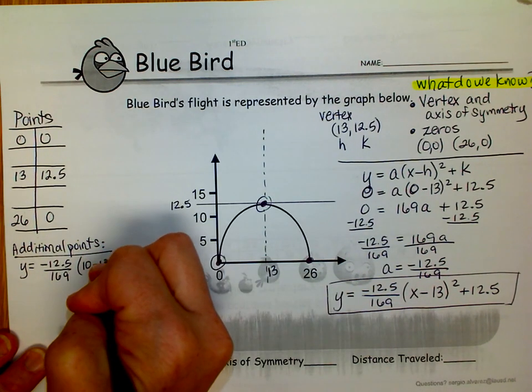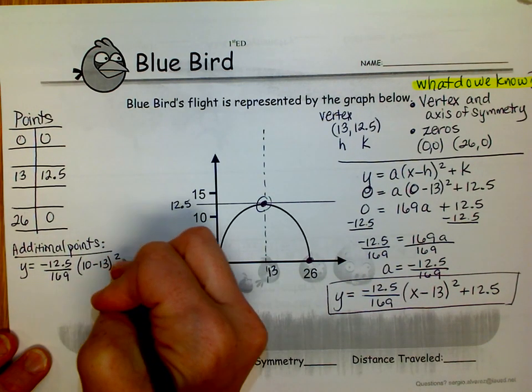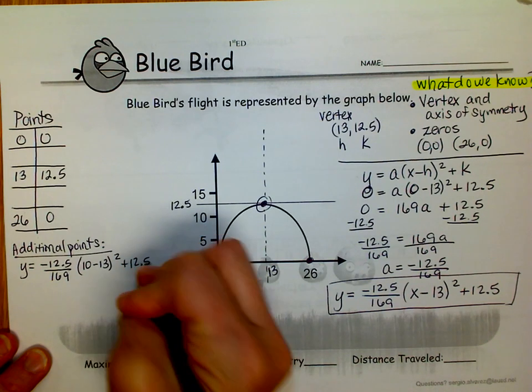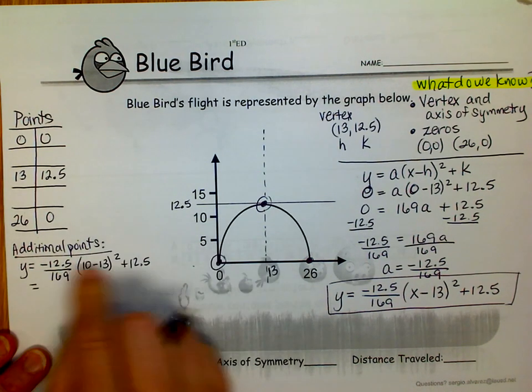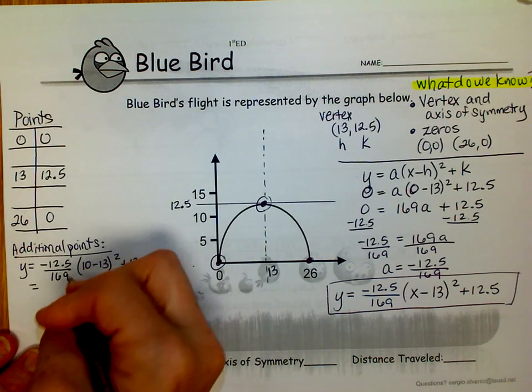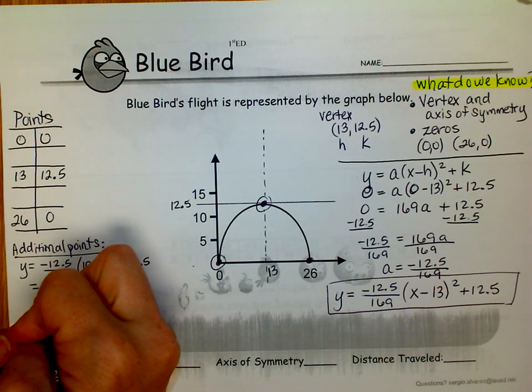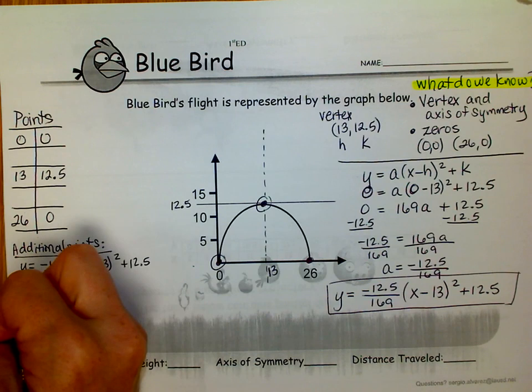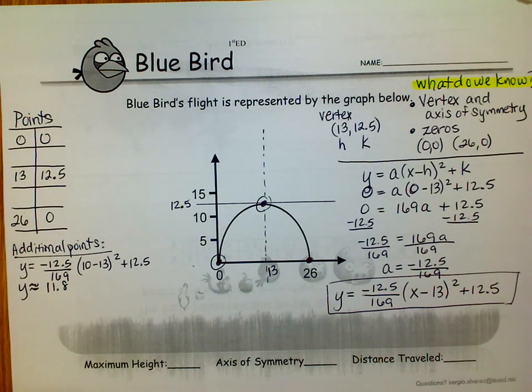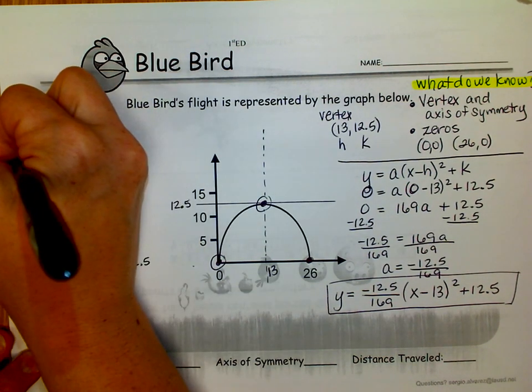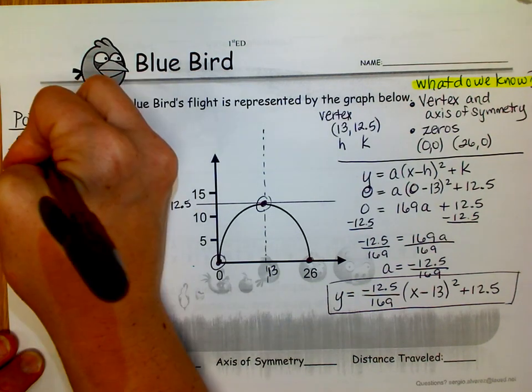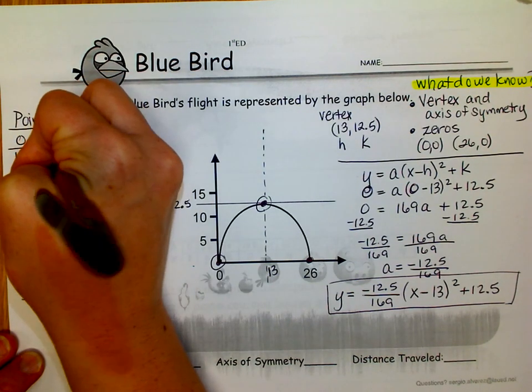So I have 10 minus 13 squared plus 12.5. When you do all that computation carefully, you should come up with approximately 11.8. So whenever the x value is 10, our output is approximately 11.8.